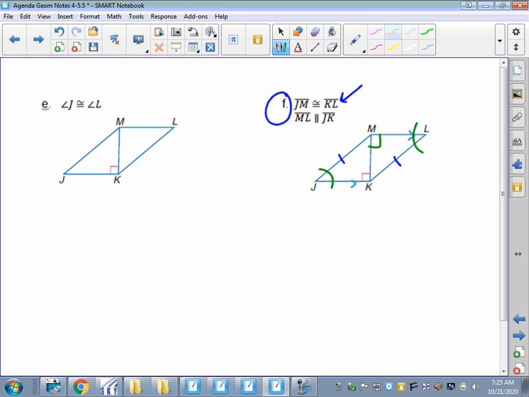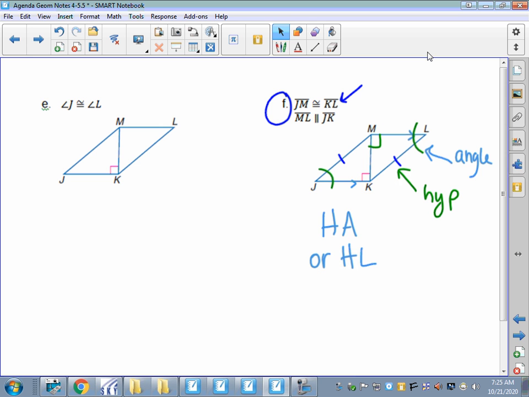And then that would give me a hypotenuse, definitely a hypotenuse, and then one of the acute angles, and that would give me HA. So I could say it's HA, I could say it's HL, the one that we first said. Or if I really wanted to get technical, I could say it was angle, angle, side. I couldn't say angle, side, side. That wouldn't work. So be watching.